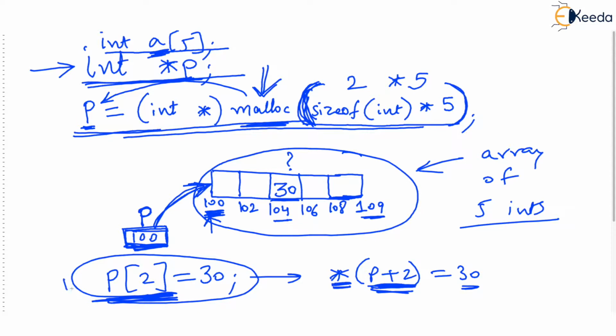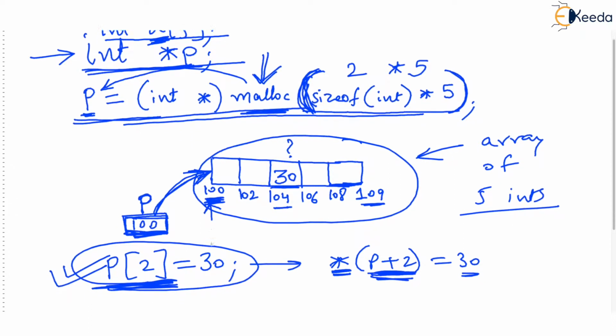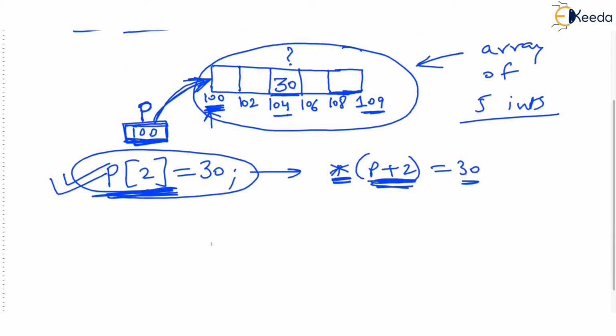But the nice part over here is that you can treat the pointer as if it is an array, and it has to be an array. Come on. So what will happen if you write, let's say, P[i] = 50, and i is 4? So this is clearly P[4] = 50.